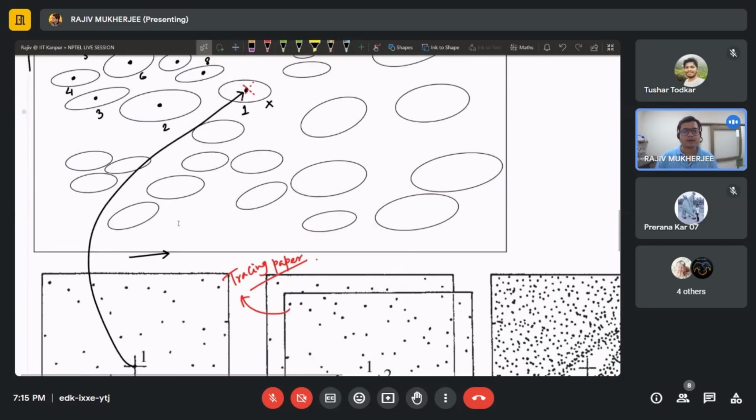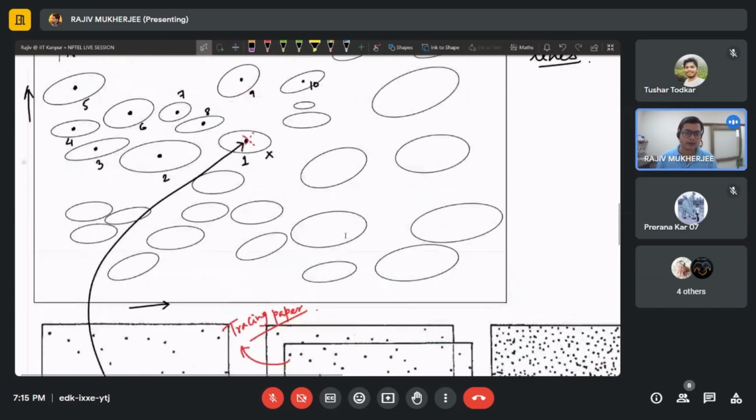So after putting the cross of the tracing paper on the center point of ellipse 1, we would simply trace these points as 2, 3, 4, 5, 6, 7, 8, 9 on the tracing paper, right?